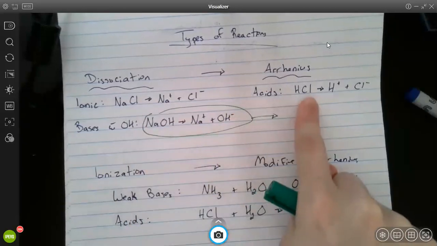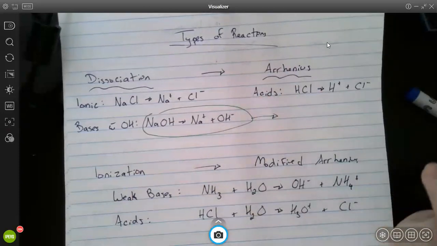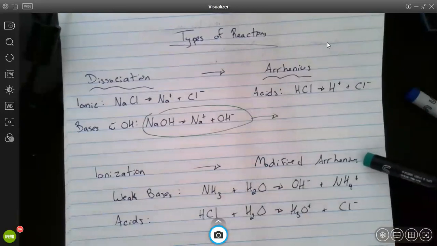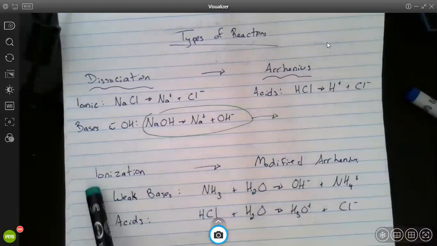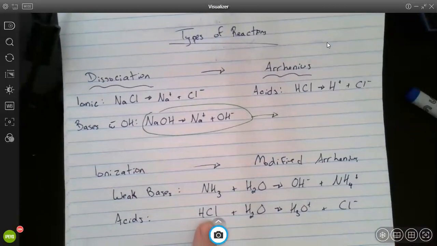Acids do not dissociate. That is why this Arrhenius definition for an acid does not work. And so that's where the modified Arrhenius comes in. The modified Arrhenius is just an ionization reaction. It works for weak bases or any base that does not have an OH and all acids.